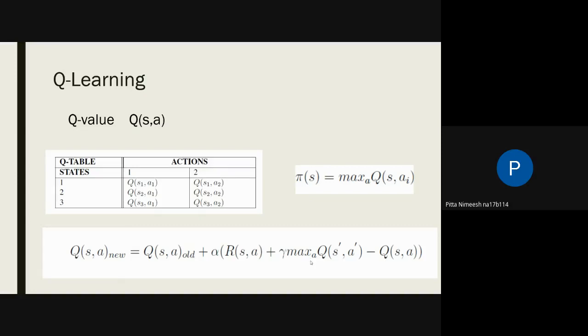Like you said, if you are going from S1 to S2, you have action 1 and action 2. Depending upon which Q value is greater, you choose that Q value and put it there. And the optimal action will be the Argmax of this, which gives the optimal action.